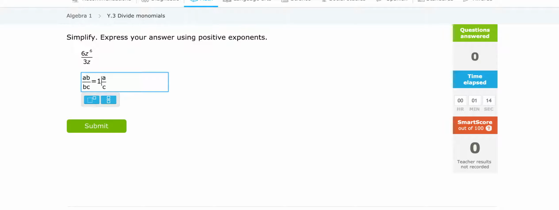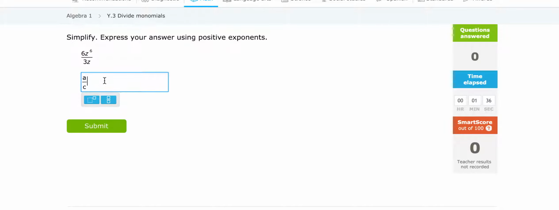So that's actually just 1 times that. And 1 times anything, according to the multiplicative identity, is just whatever that anything is. So in this case, 1 times A divided by C is just going to be A divided by C. And so we can see how we essentially cross out the b's from the top and the bottom.